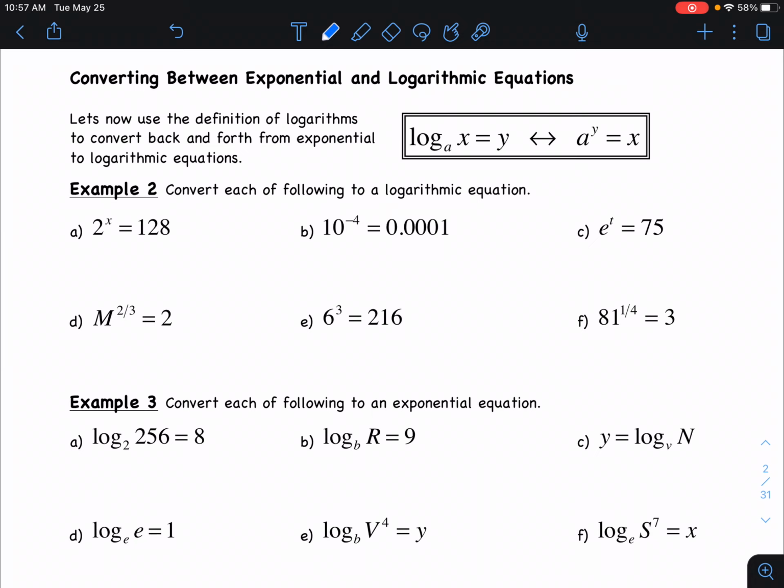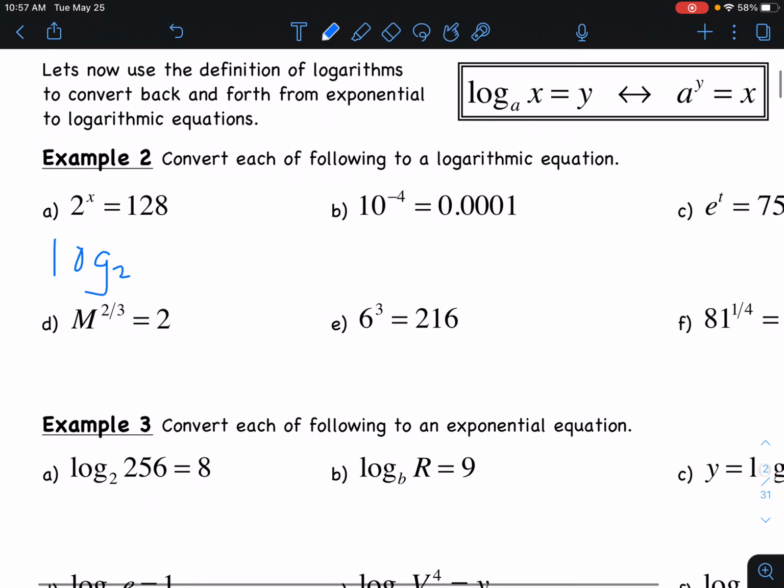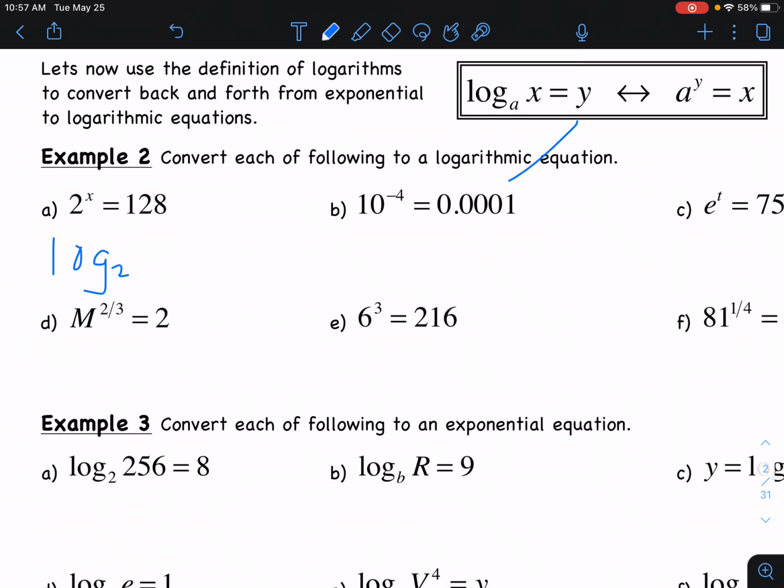So example 2 says, convert each of the following to a logarithmic equation. It's log, and then what's the little base? The little base for the log is the big base for the power. So log base 2. If you look up here, that would be where the A's are.